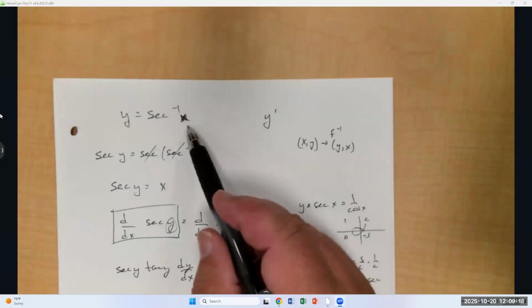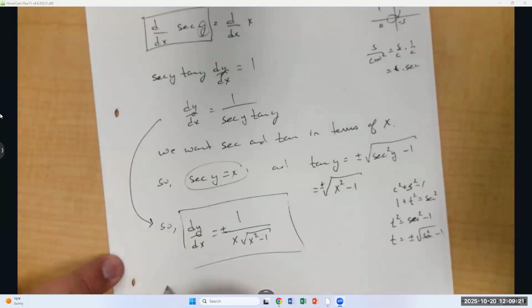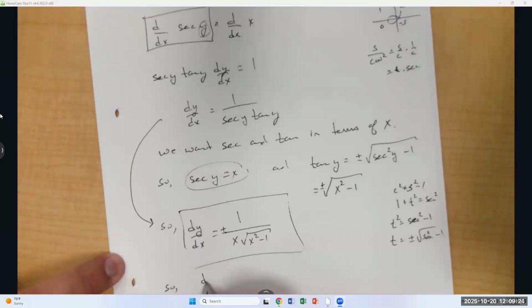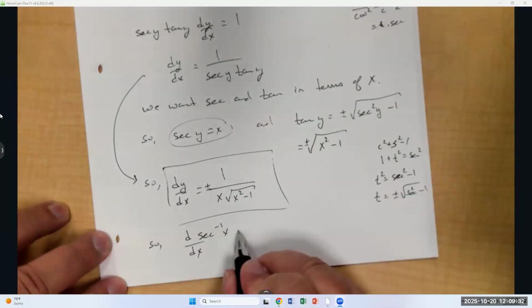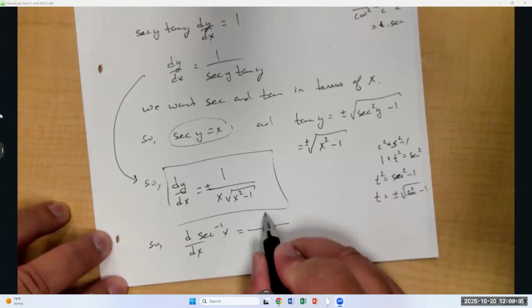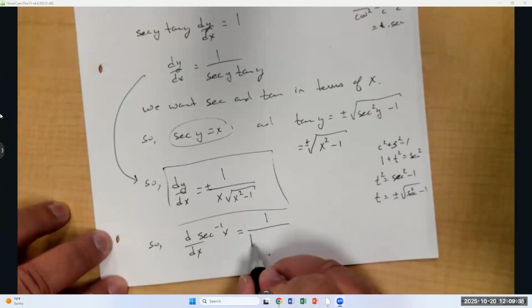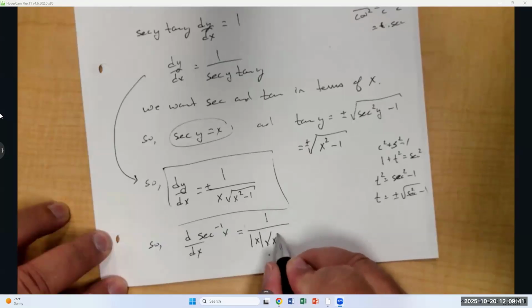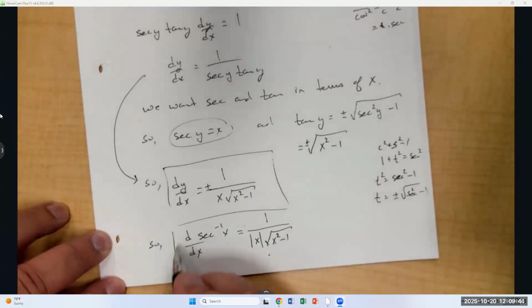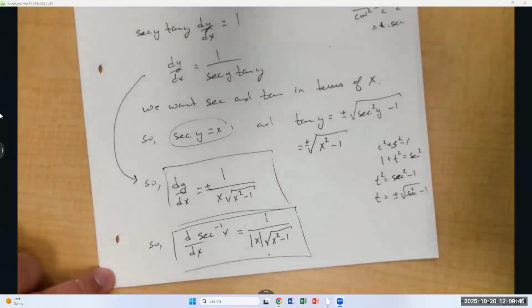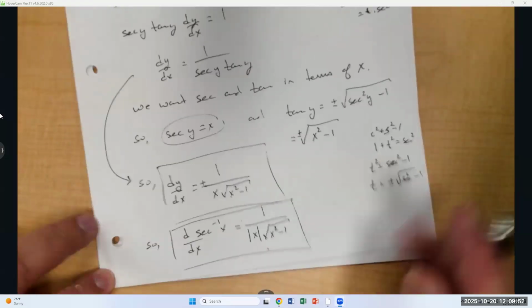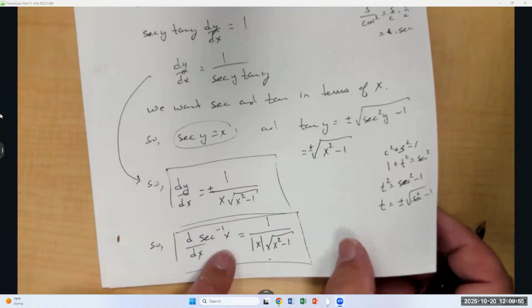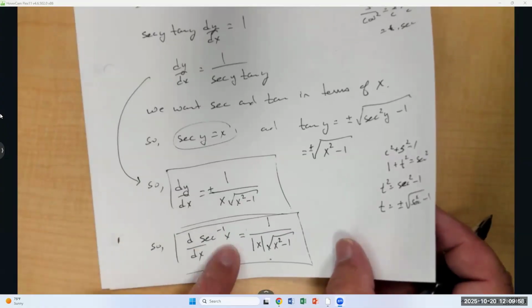Okay, so that's what we started off with. So our rule is d secant inverse of x over dx is equal to 1 over absolute value of x times square root of x squared minus 1. Instead of putting plus or minus, we'll just put absolute value of x. You'll see most of the formula like this. So this is the formula we're dealing with. That's with x. If x is a function, what is it with inverse secant of u?